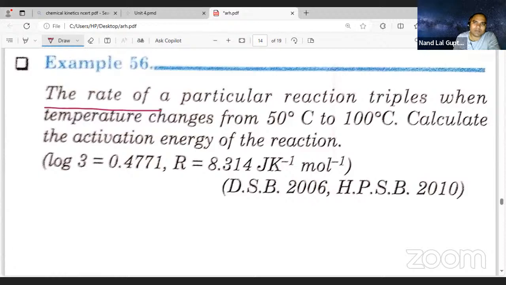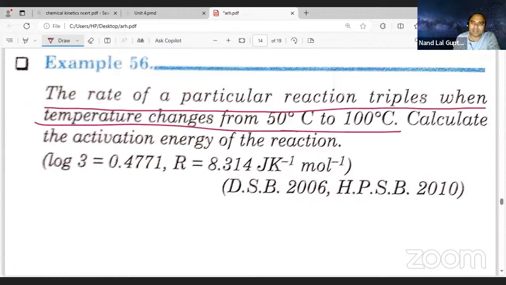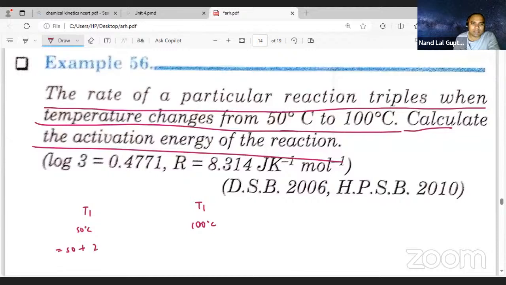The rate of a particular reaction triples when the temperature changes from 50 degrees C to 100 degrees C. Calculate the activation energy of the reaction. This is also very simple. So T1 and T2 they have given. How much is there? 50 degrees C and 100 degrees C. 50 means 50 plus 273, 100 plus 273.